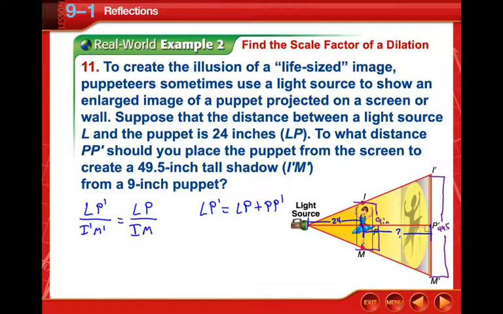And we know what LP is. That's the 24. We know what everything else is. So we're going to replace that in our proportion. LP prime, again, is that 24 plus PP prime, the one we're looking for, over I prime M prime, which is 49.5, equal to LP, we already said, is 24, and IM is 9.